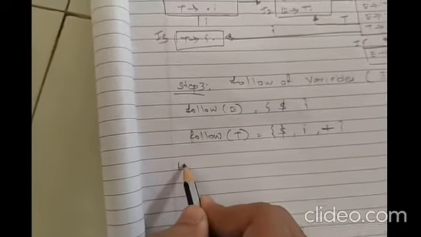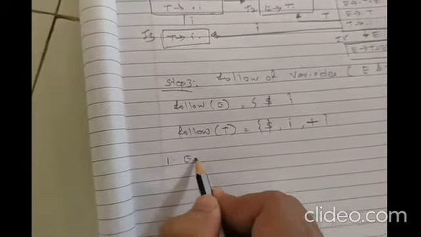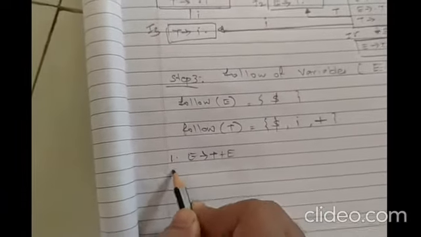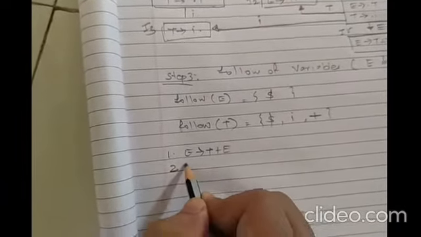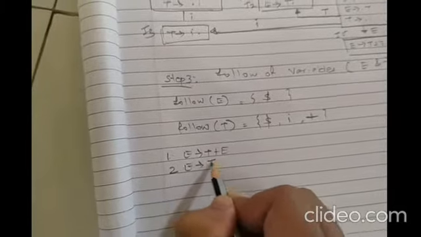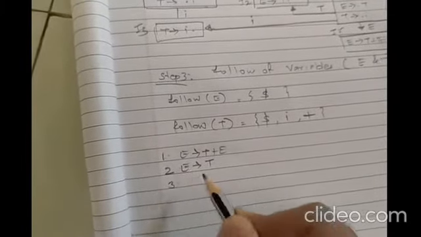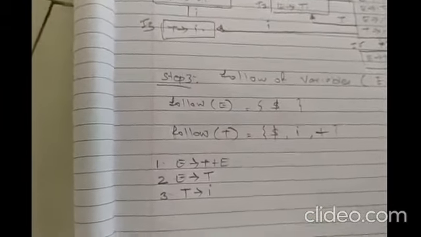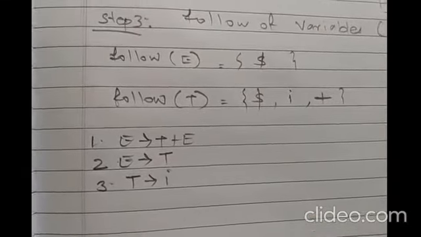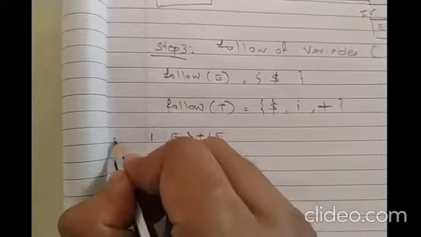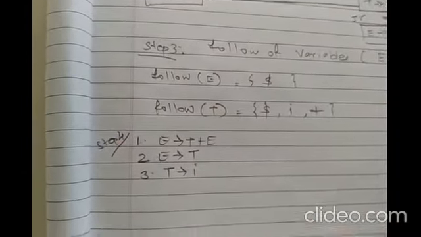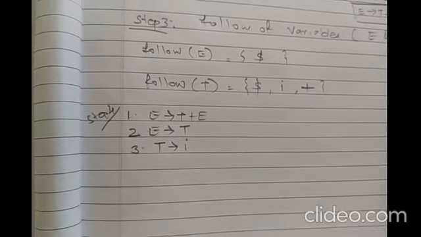First it will be E tends to T plus E. Then the second one E tends to T, and the third one, T tends to I. So these are the productions I have written, and just name it as step 4. So in step 4 the numbering is given to the productions.